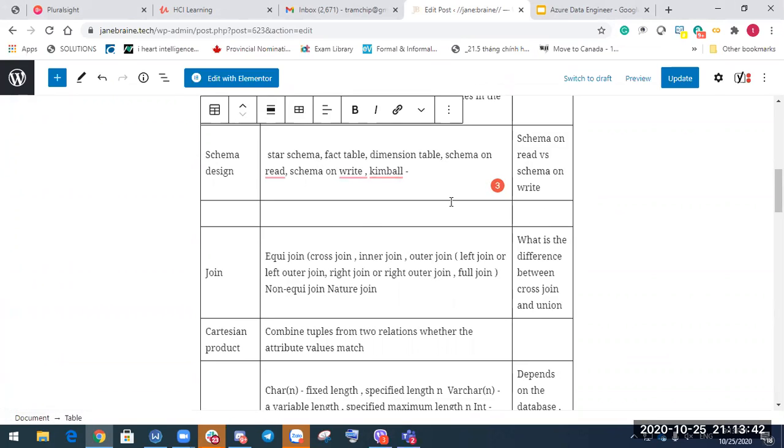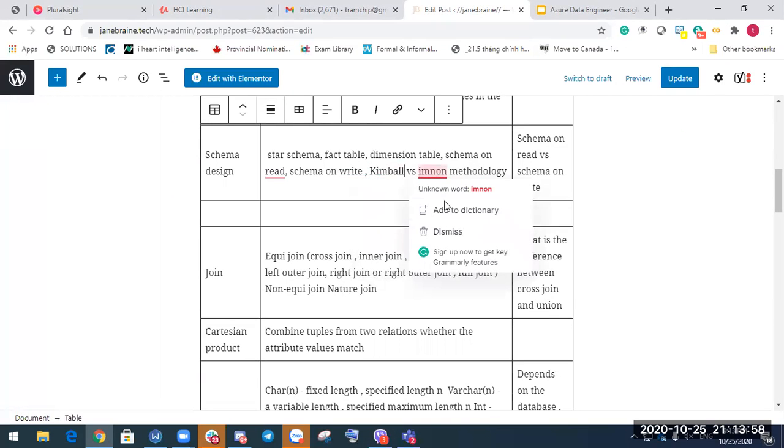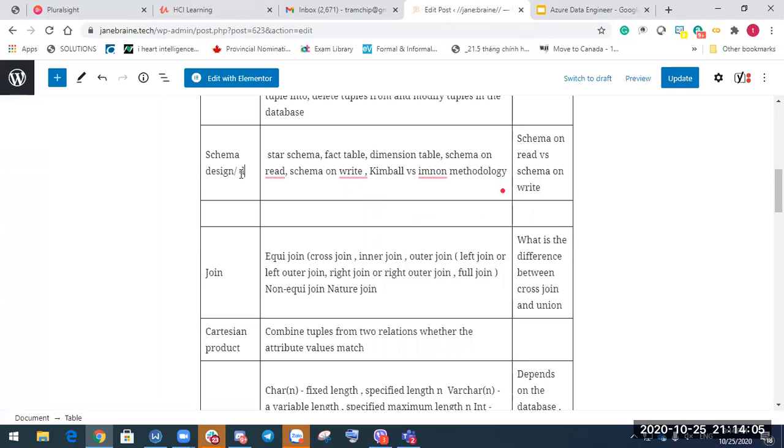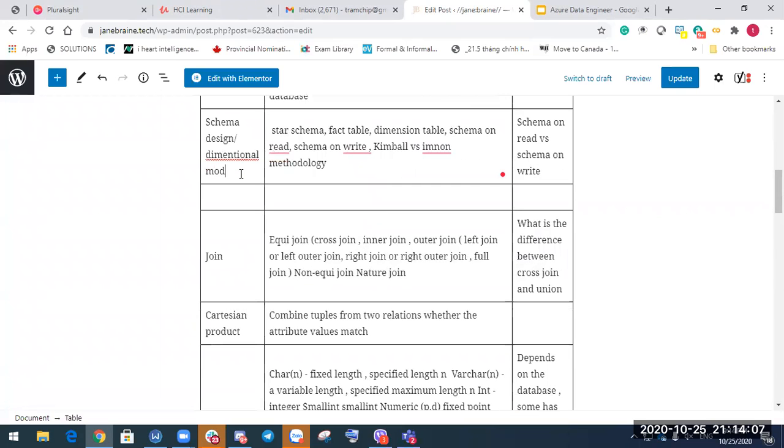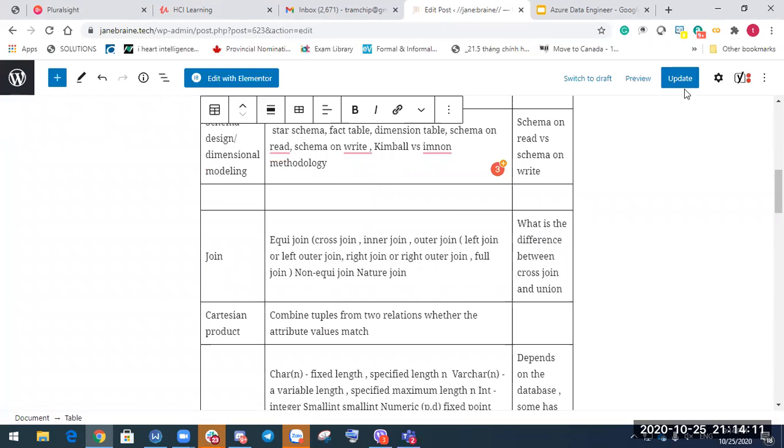So it's Kimball versus Inmon. These are models that are very important in relational dimensional modeling or schema design. So please go over it in your own time when you are at home. So this is one change.